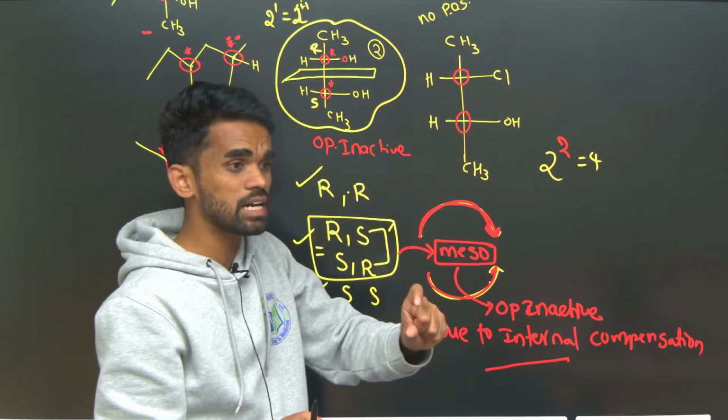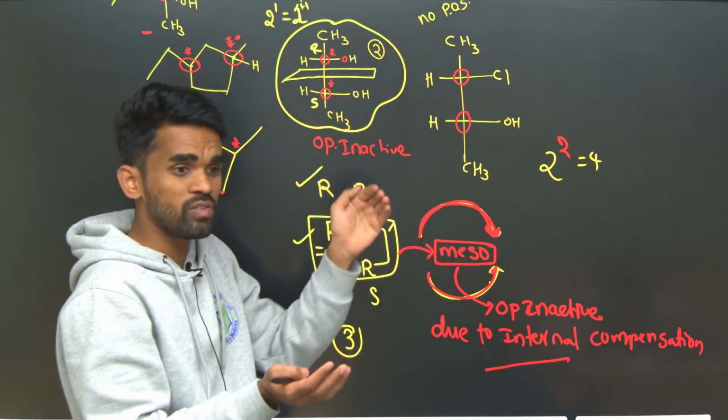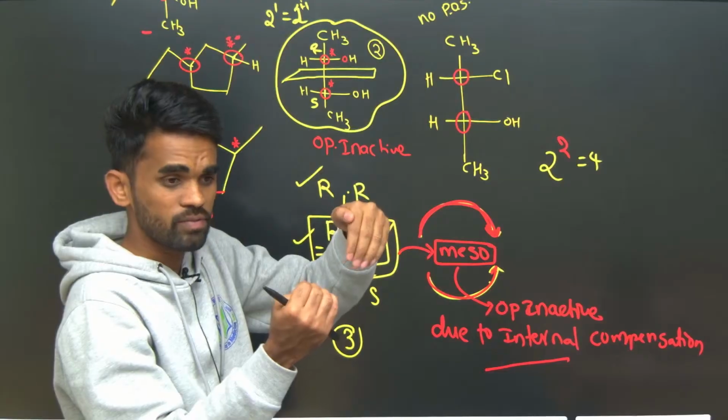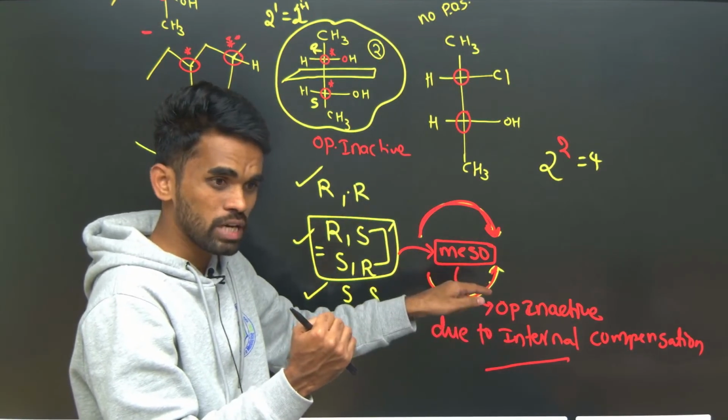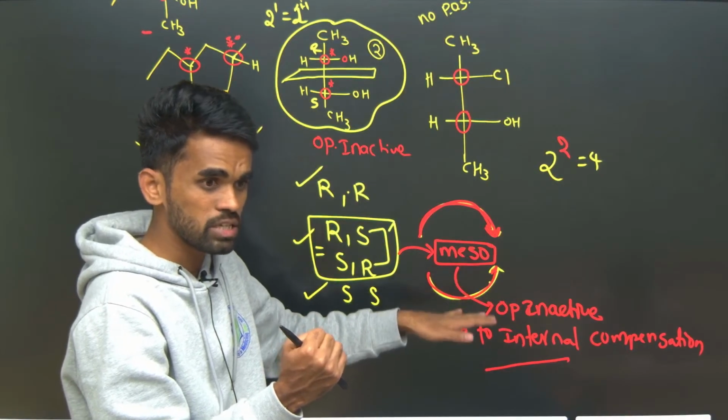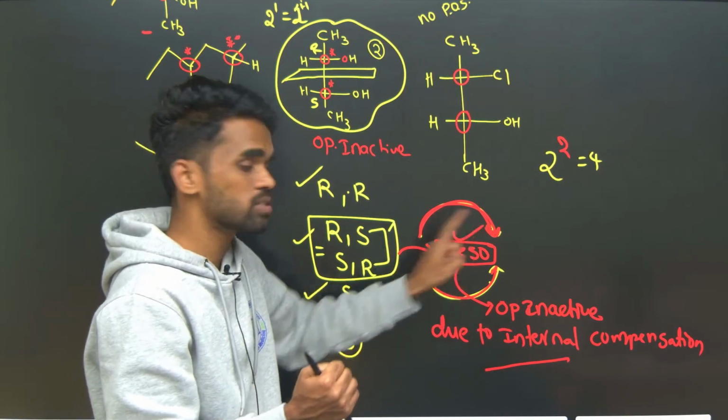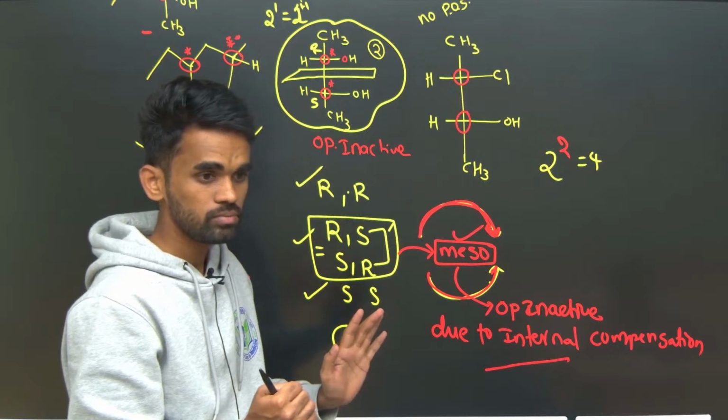What exactly does internal compensation mean? Within the molecule, one is R, one is S, one is clockwise, another one is anti-clockwise. Therefore, it happens within the molecule only, so the net rotation becomes 0. So that is seen in which compounds? Meso compounds. Can you define meso compounds?